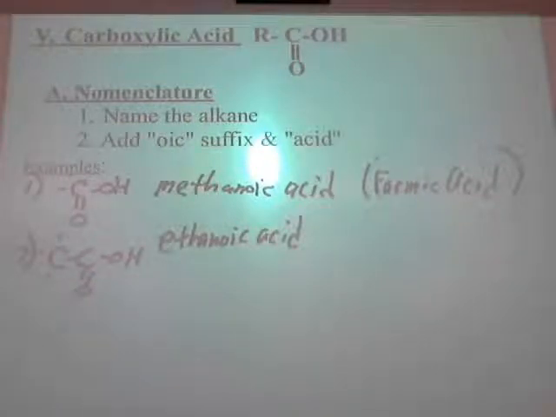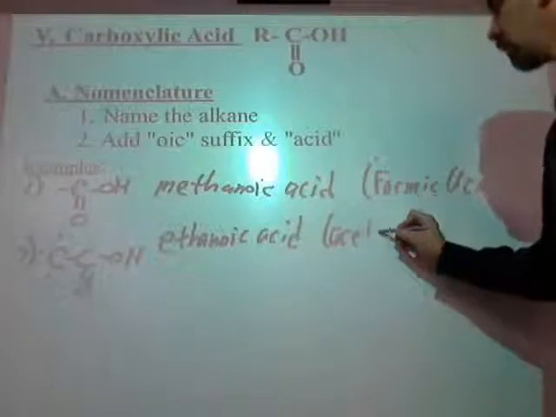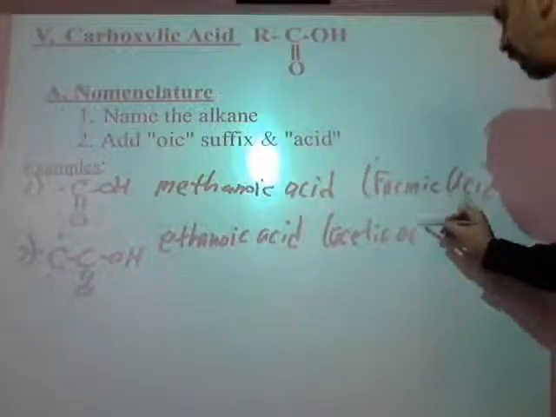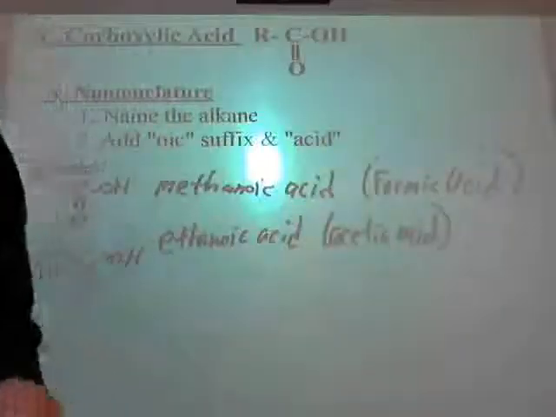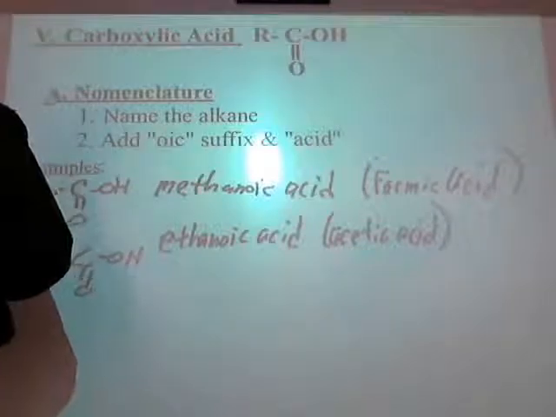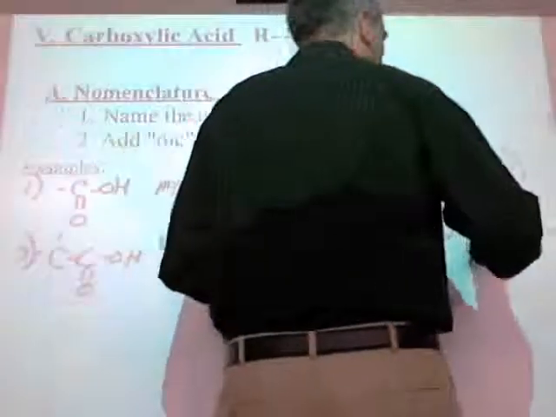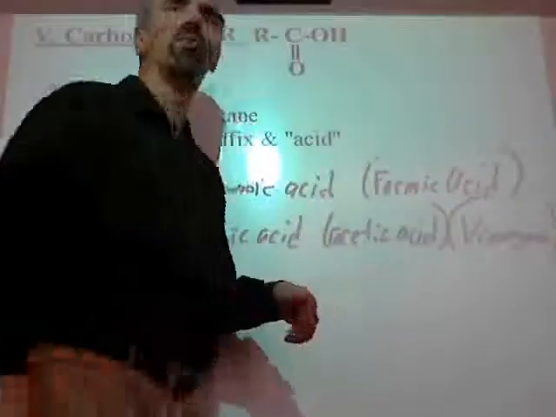You may have heard of another name for ethanoic acid is acetic acid. And even if you haven't heard of acetic acid, I think you've said it. I know I have, but even if you haven't heard of acetic acid, you've all heard of a 5% solution of acetic acid. You know what it's called? No. You put it on your fries. Vinegar. Vinegar. Or on your salad dressing.